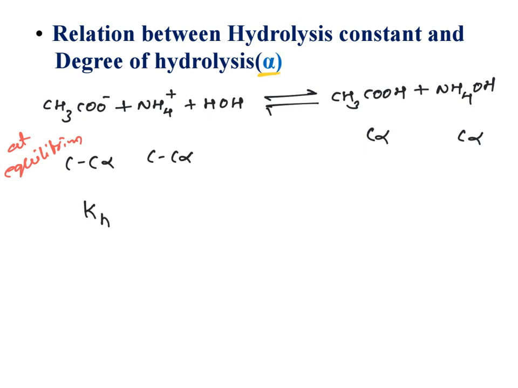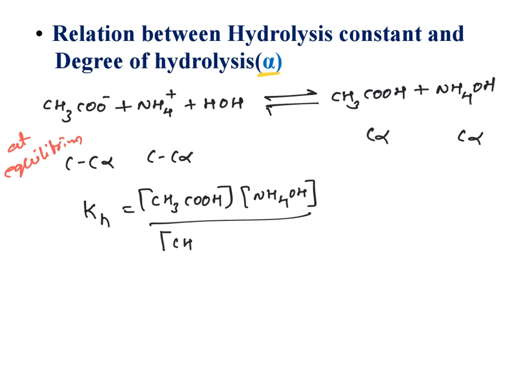Therefore, hydrolysis constant equals the concentration of acetic acid times the concentration of ammonium hydroxide, products, by the species acetate ion and NH4 plus. So what is the acetic acid?